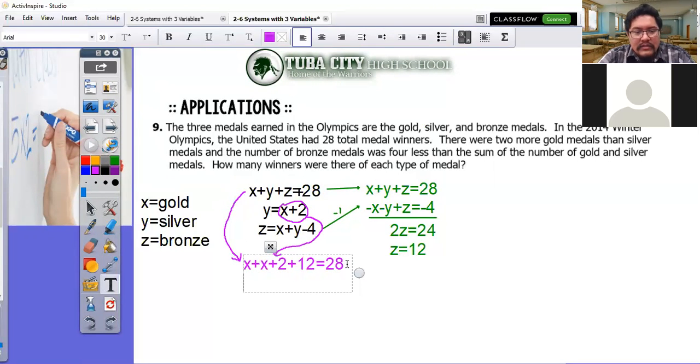So this would be 2x plus 14 equals 28. And I'm going to have to minus 14 from both sides. So 28 minus 14, is it also 14? Yep, it is 14. And that means the number of gold medals was 7. So 7 gold medals. Or wait, no.